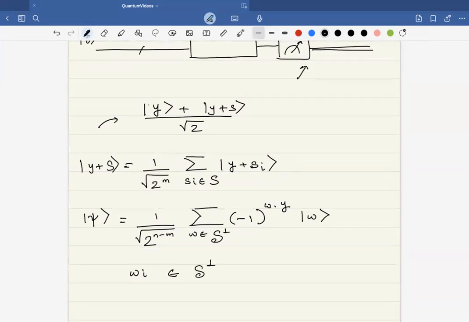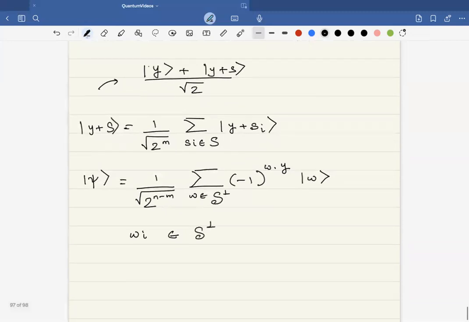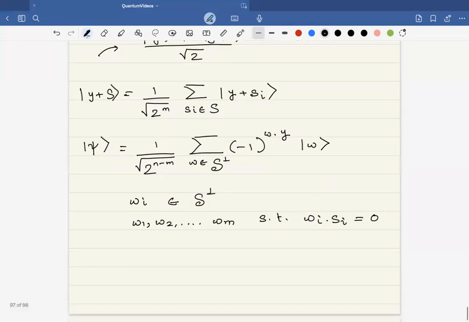And then hopefully, when you run this algorithm m times, or approximately order of m times, you will get these vectors w1, w2, and wm such that w_i dot s_i is equal to 0. So we get something which is in the orthogonal complement of S.